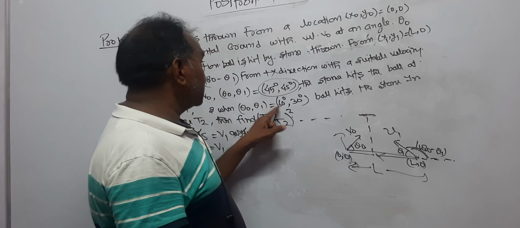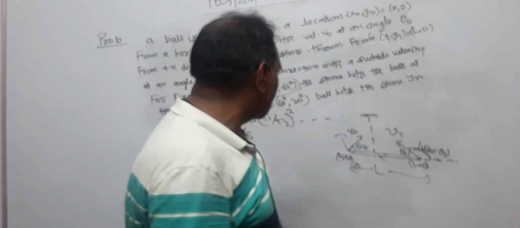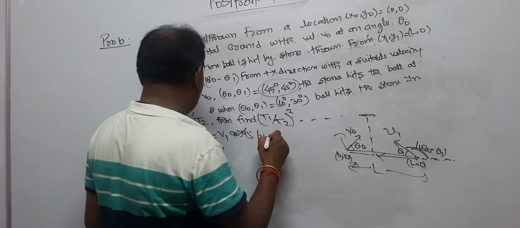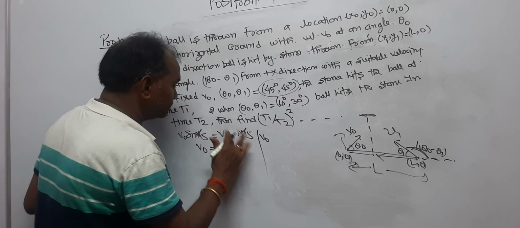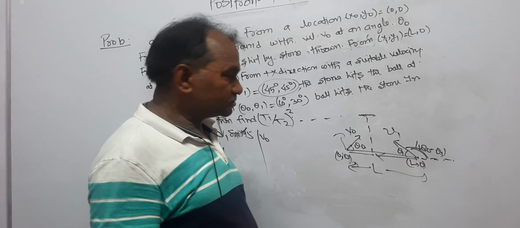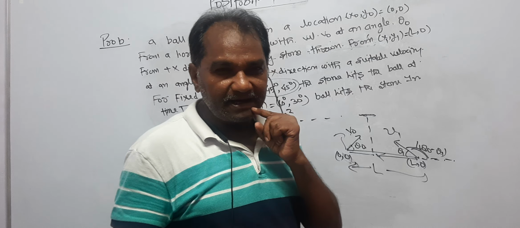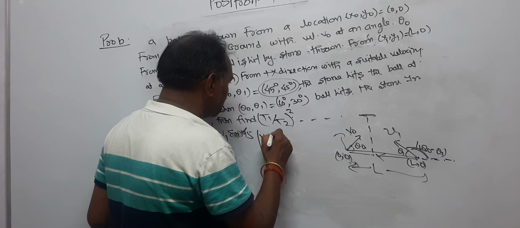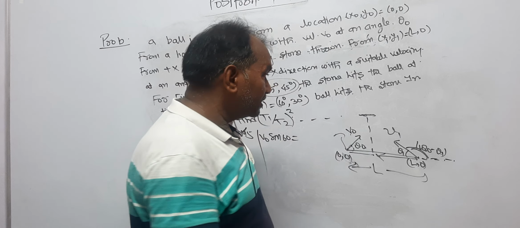Now look here, when it is 60-30, if this is thrown at 60 degrees and this at 30 degrees, then the vertical component will be v0 sine 60, and the other vertical component will be v1 sine 30.